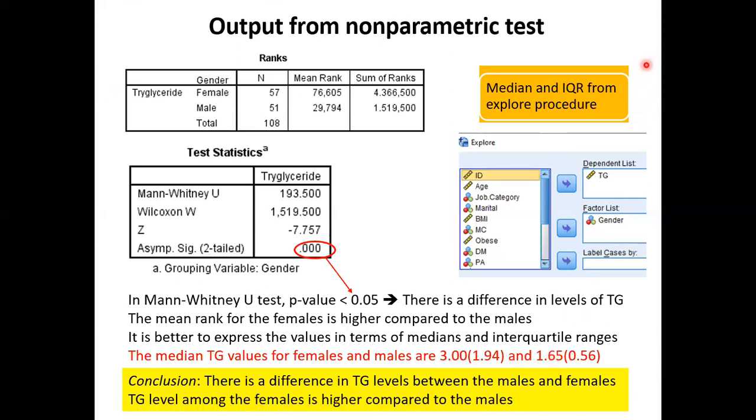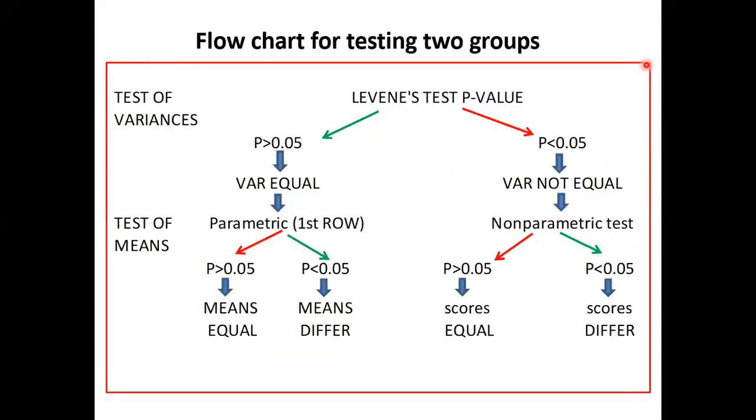Questions? Right? So we're done. 3 examples. Example 1, variance equal. P was less than 0.05. Means differ. The second example went the same way. Difference in age. And the p-value is more than 0.05.